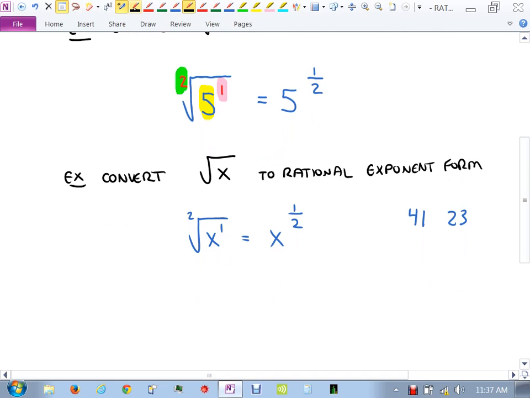Let's do something else. How about writing this one? Convert negative sixth root of 1/9 to rational exponents.